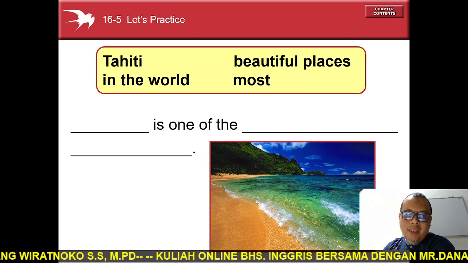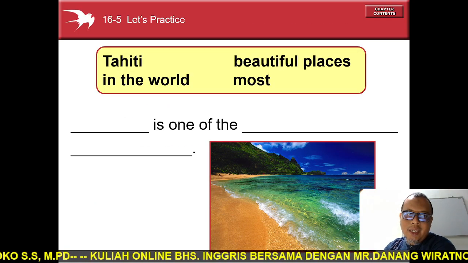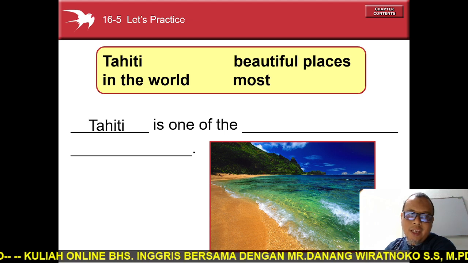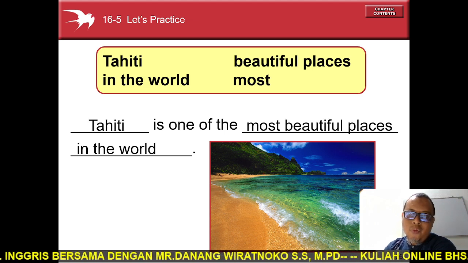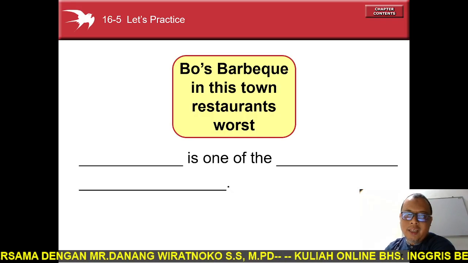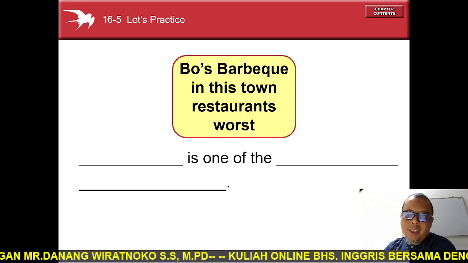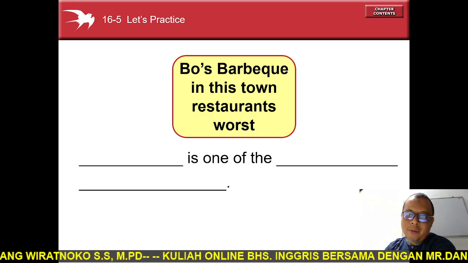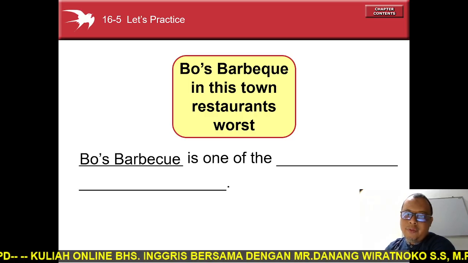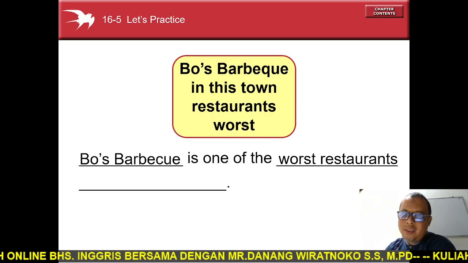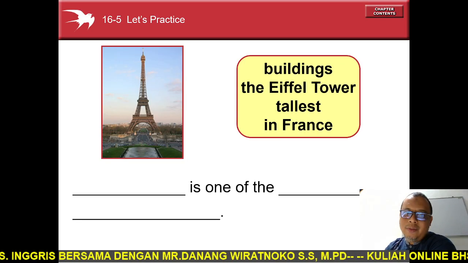Okay, we have Tahiti, the most beautiful place in the world. Tahiti is one of the most beautiful places in the world. Boo's Barbecue is one of the worst restaurants in this town.